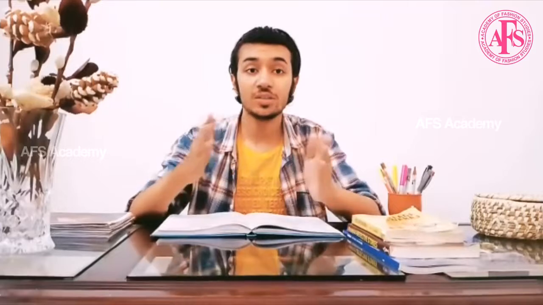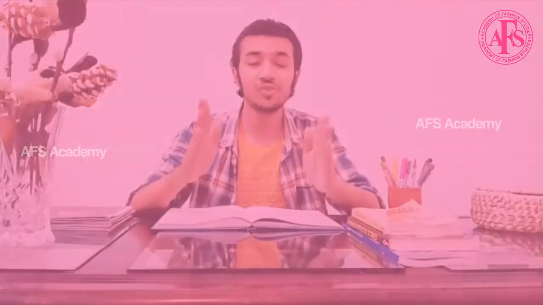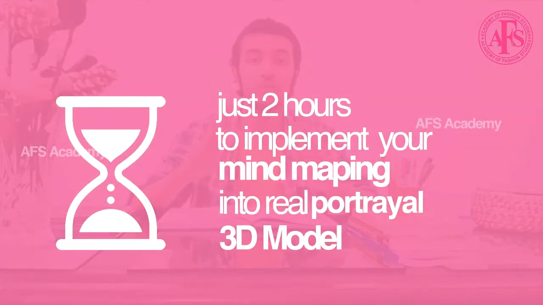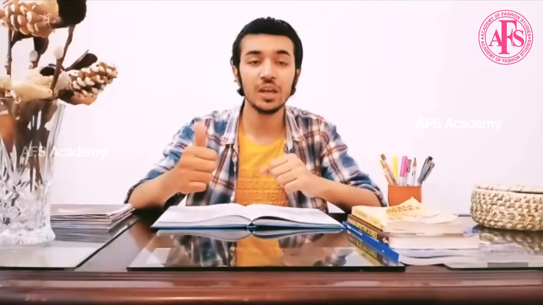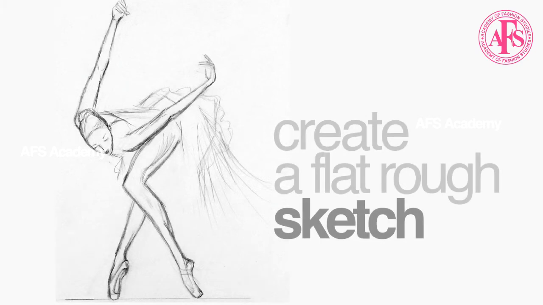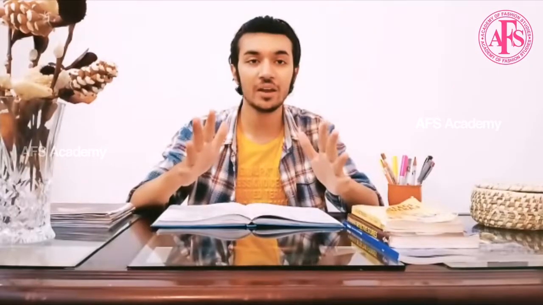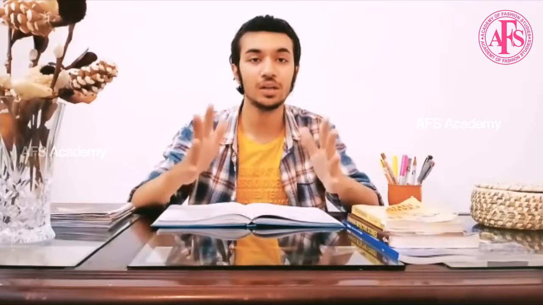When you are done with mind mapping and your 15 minutes are over, you have just 2 hours to implement your mind mapping into a real portrayal of the 3D model. So the first step is to create a flat rough sketch along with a simple pie chart or flow diagram in order to explain your concept to the viewers or the examiner.